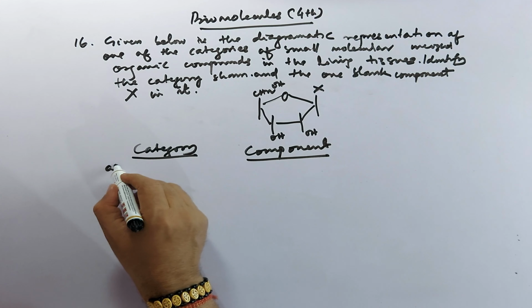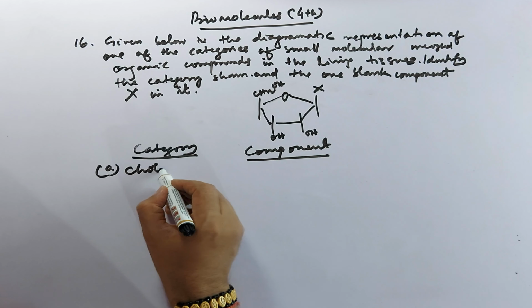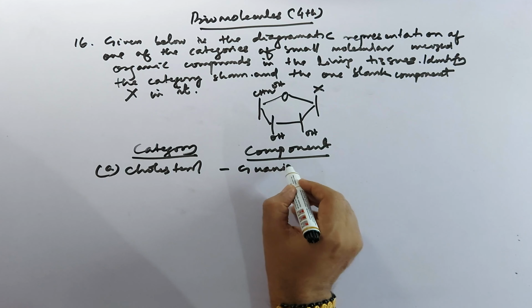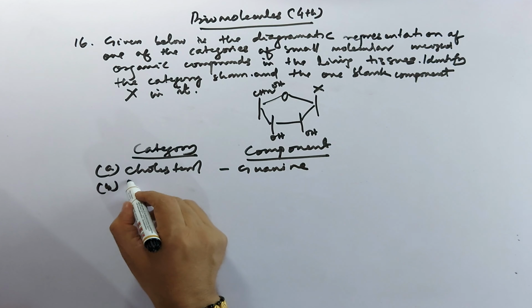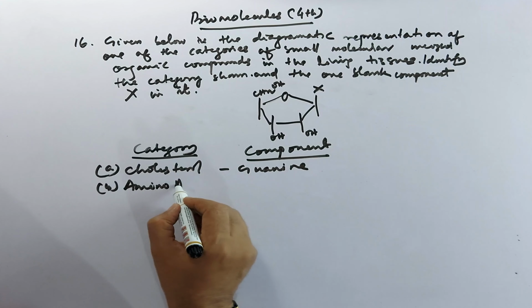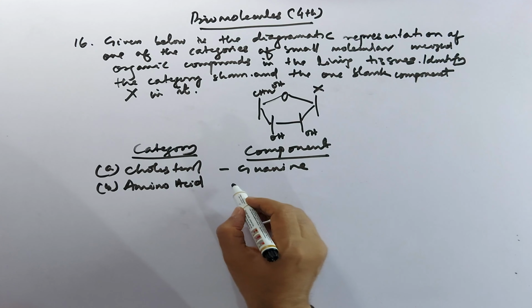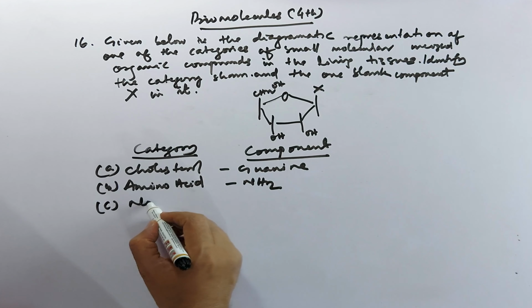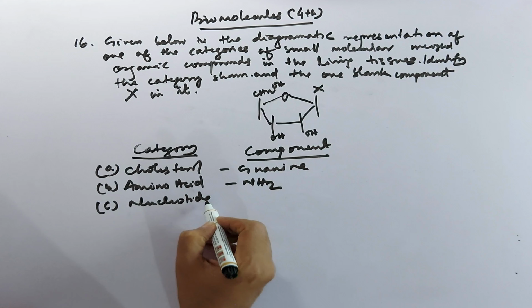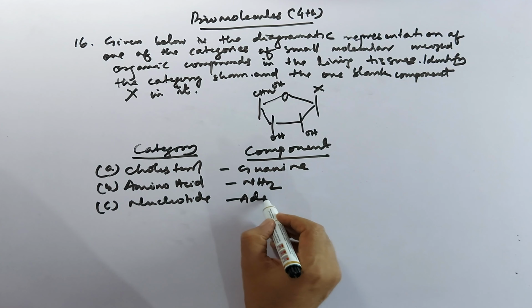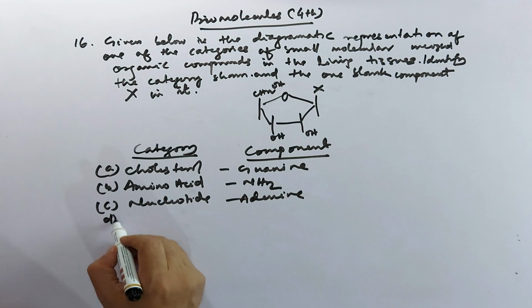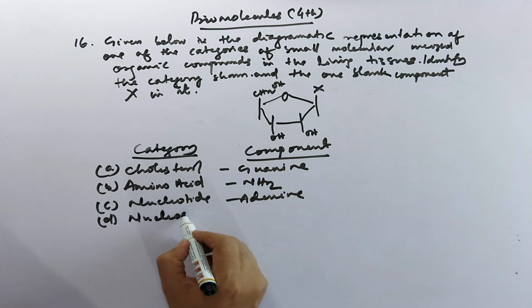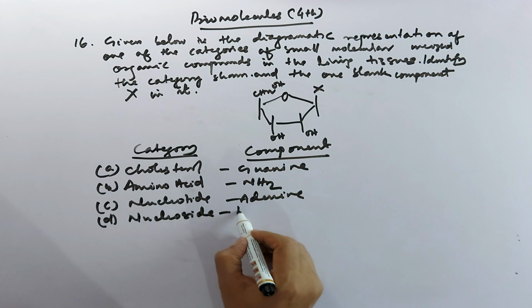The options are: A, cholesterol, guanine. B, amino acid, NH2. C, nucleotide, adenine. D, nucleoside, uracil.